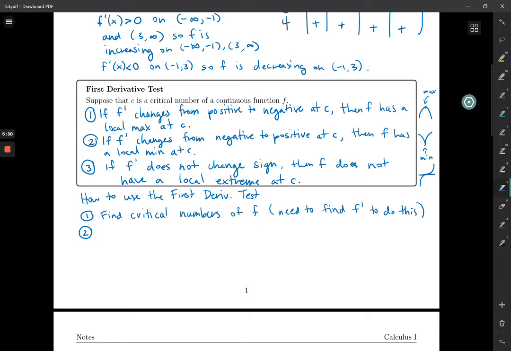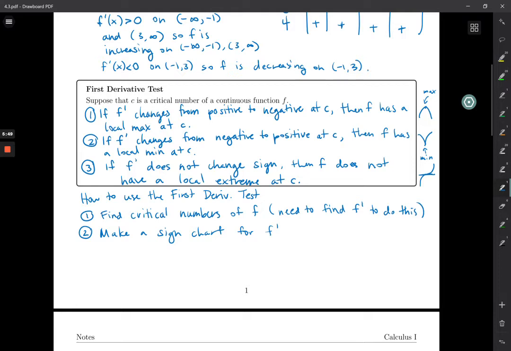And then the next step is to make a sign chart like we did in the previous example. So this is going to be a sign chart for f prime so that we know all of the places where it is positive and negative.